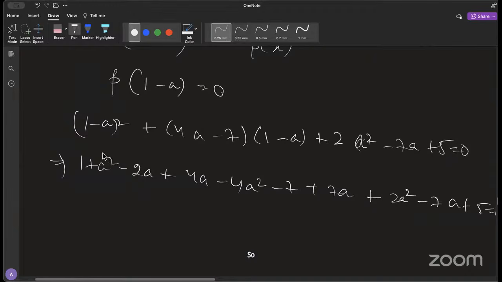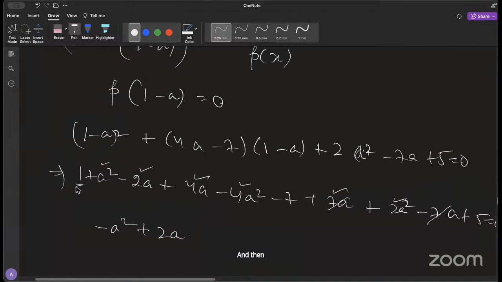So a square terms are these. So this is minus a square. Then a terms are these. This is 2a. And these two get cancelled, right? So you'll have plus 2a.